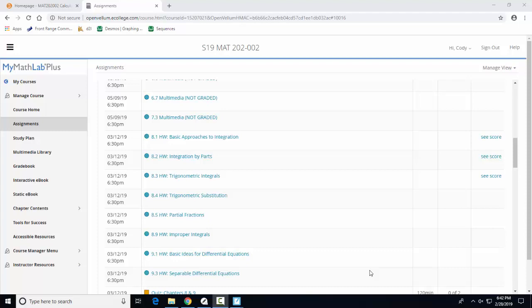This law is comparable to saying x to the m times x to the n equals x to the m plus n. So we have this product that turns into this sum.